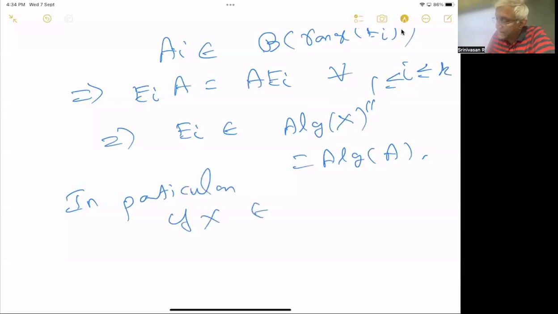In particular, the answer to that question: the algebra generated by X is the smallest algebra containing X, so it will be contained in any bigger algebra.